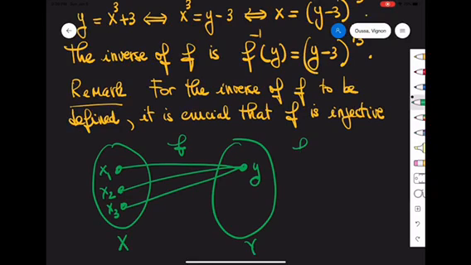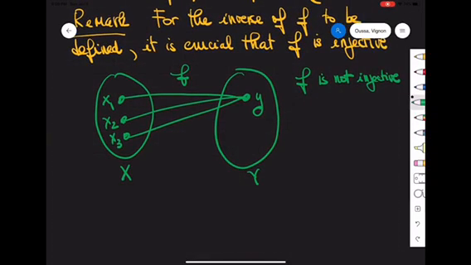So this function f is not injective, and clearly it's not bijective either. Now, if you try to find the inverse of this function, you'll have to map y to which one? x1, x2, or x3? And remember, for a function to be defined, you can only assign to every element in the domain exactly one element. One element cannot be mapped to two distinct elements. That's not a function, right?